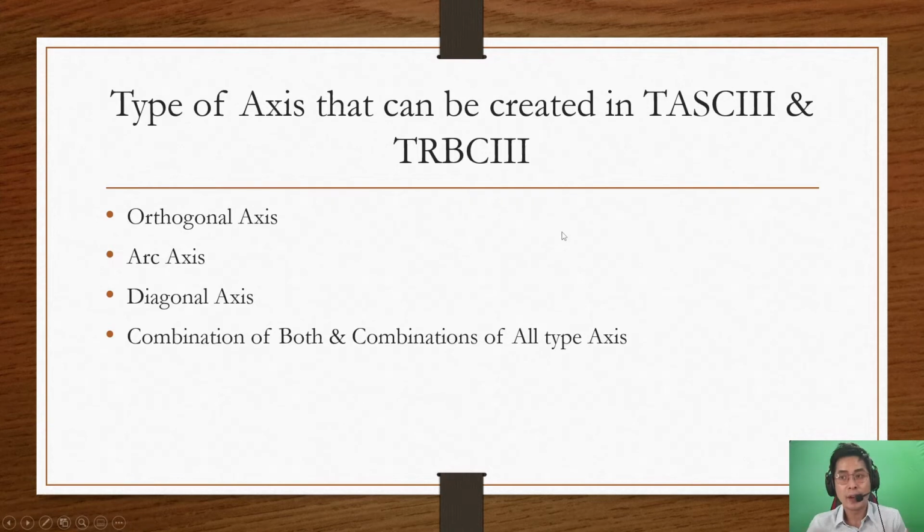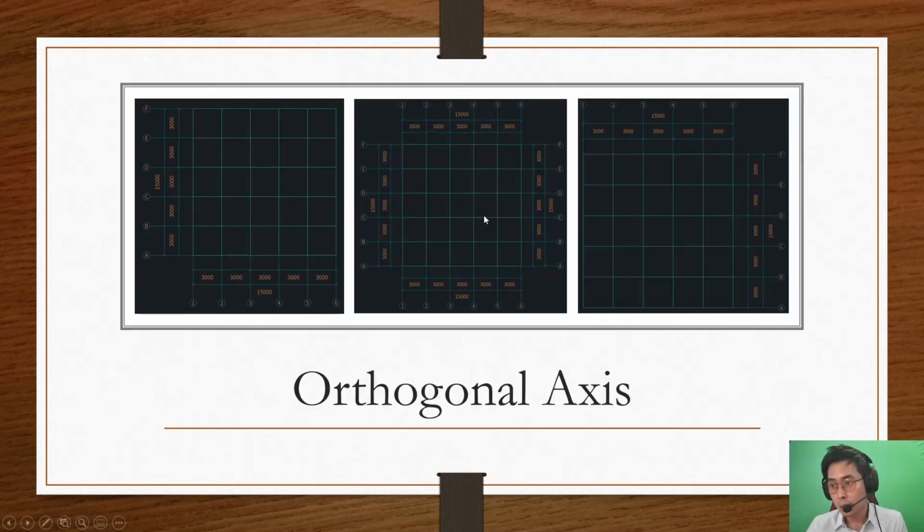Types of axis that can be created in TASCIII and TRBC-III. There are a few types over here: orthogonal axis, arc axis, diagonal axis, or a combination of both and a combination of all types of axis. Here I will show you some examples that I have done.